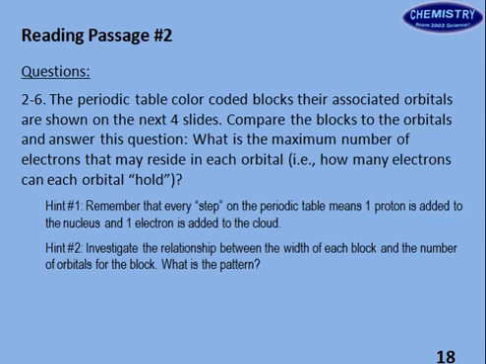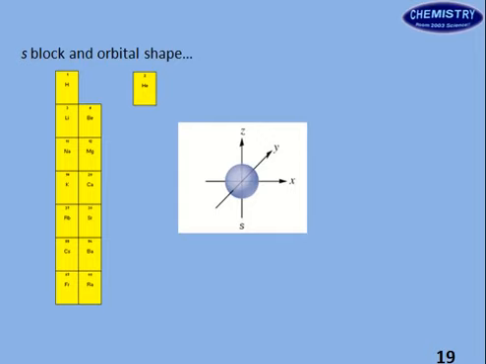Now, as it says here, the next 4 slides compare the blocks to the periodic table blocks to the orbital diagrams. So we'll flip through those and take a pause at each one. Here's the S block and orbital shape. S orbital shape.